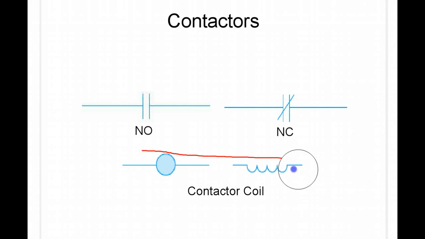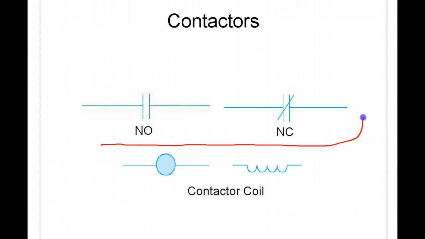Now there's two parts to a relay and a contactor. The coil that has voltage applied and energizes it, and then there are the contacts. The schematic symbols for the contacts of a relay or a contactor are these right up here. Now you have the first set is normally open contacts. They'll be designated by NO, and then you have normally closed contacts designated by NC.